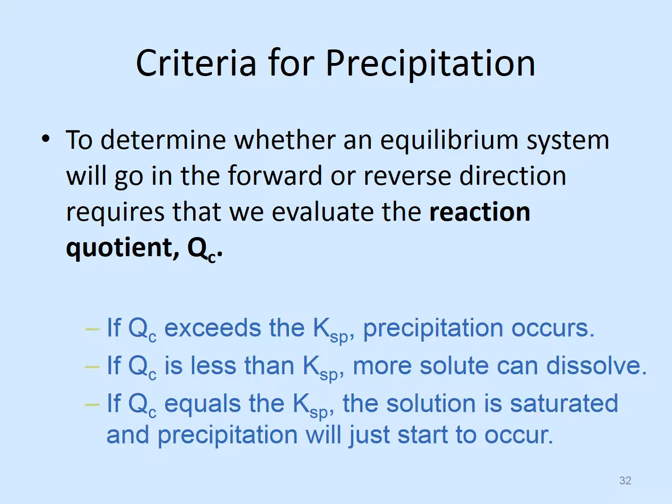If Q is less than K, in order to get to equilibrium, Q is going to have to get bigger, which means it's going to go to the right, which means that more solute can dissolve. And of course, if Q equals K, that is the exact saturation point, and that would be the point where precipitation would just start to occur, which is an important point that we can look for.